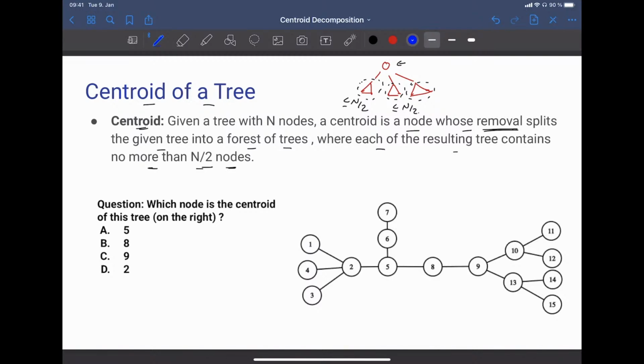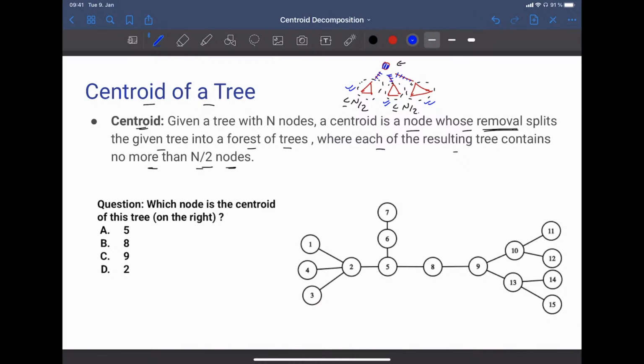Because what would happen if you remove this node? You'll also remove these edges, right? Removal of a node from a tree means that you remove the node and the adjacent edges for that node. So then every subtree will become an independent tree, and the definition says that the size of each of these new trees which are formed should be less than n by 2.